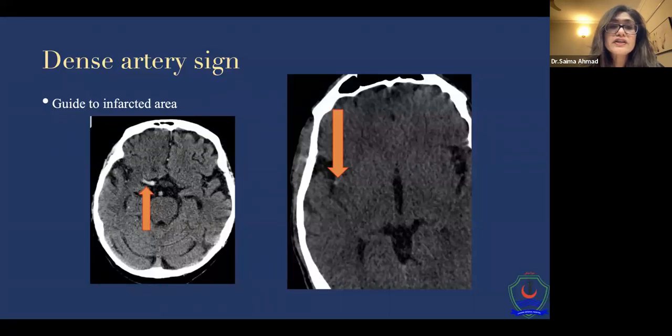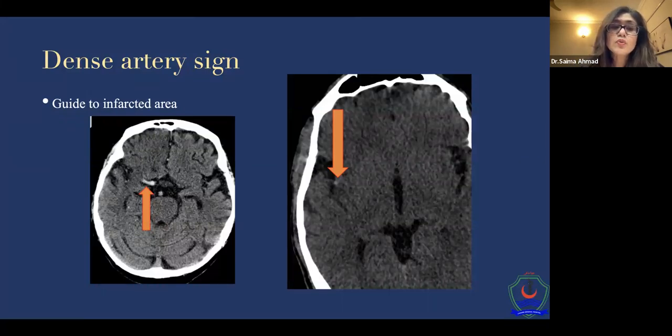Now, the dense artery sign: previously I said that it is not pathognomonic, but it guides you to look into the site of the occlusion. For example, this is the dense vessel sign. It depicts that there is an MCA occlusion, and then you look into this hemisphere. The dense vessel sign is more easily picked up before 6 hours because more RBCs are there.